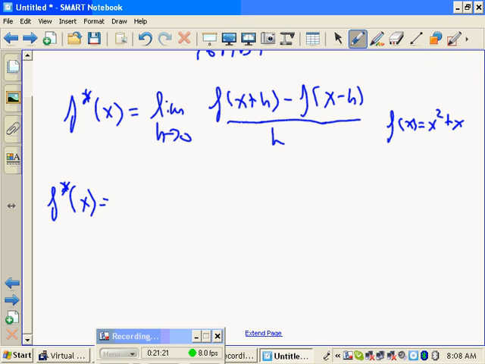Well, just do the same kind of thing we usually do. It's a slightly different definition, but so what? So it's going to be a limit as h approaches 0 of, what do you write for f of x plus h?